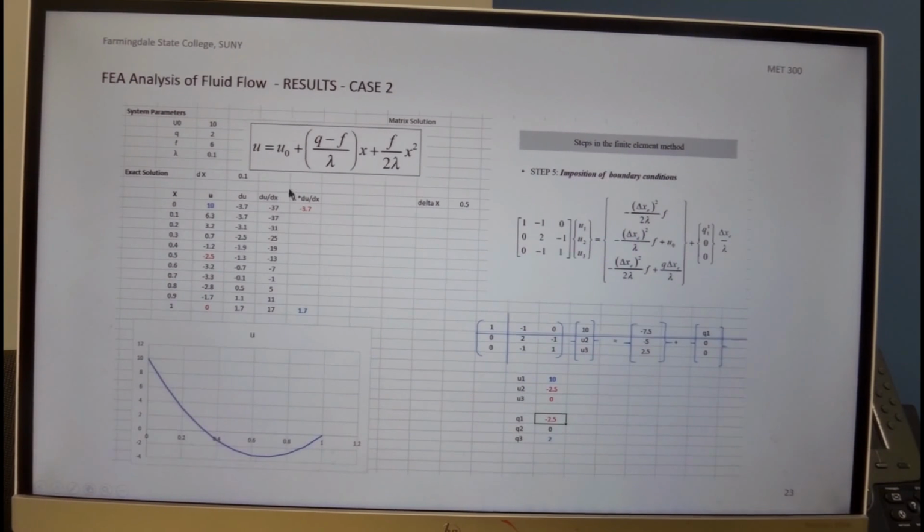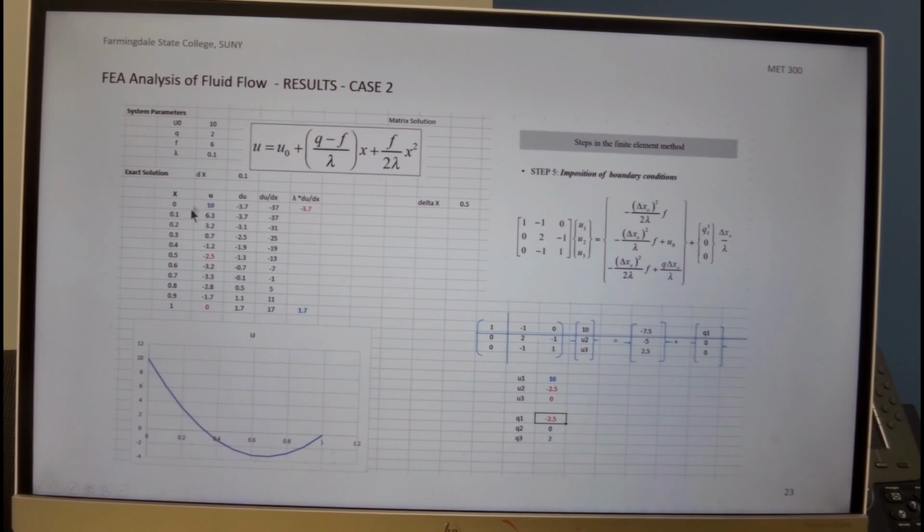When we change the values of the system parameters, we get a different exact solution. But when we go through the finite element analysis, again we see that at U2, which is 0.5, we get the exact solution as the finite element approximation, and similarly at x equal to 1. And the unknown now is minus 2.5, it's not exact, versus minus 3.7.